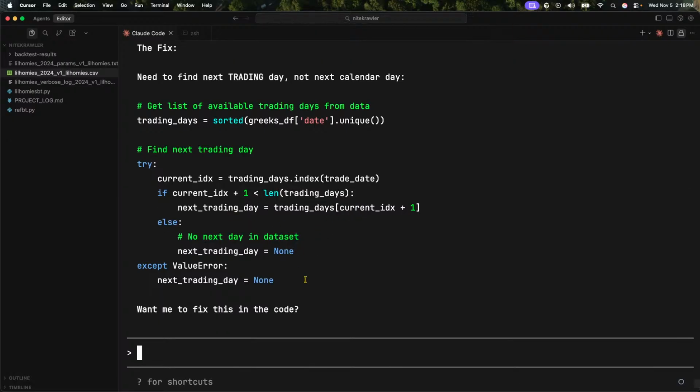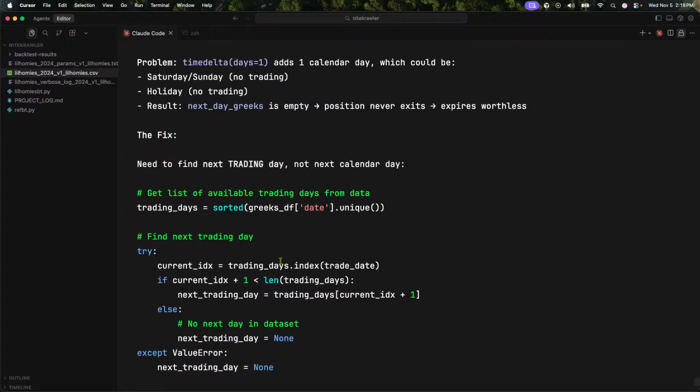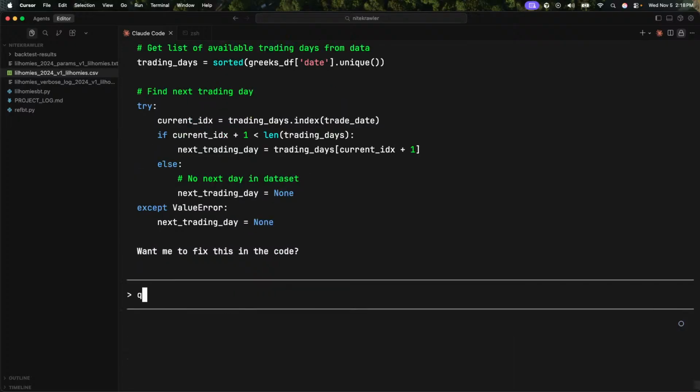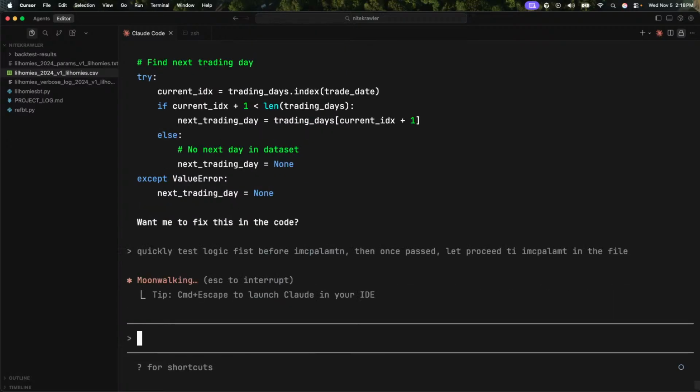Otherwise, no trading day in the data set. Do you want me to fix this? All right. Quickly test the logic first before implementing. Then once passed, let's proceed to implement it in the file.